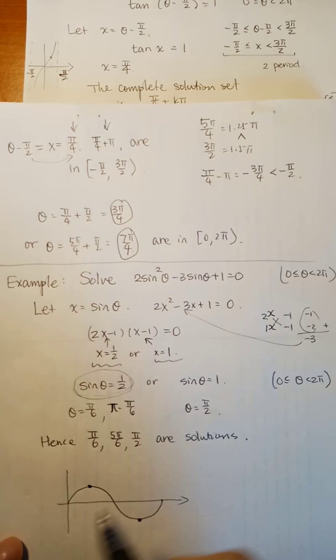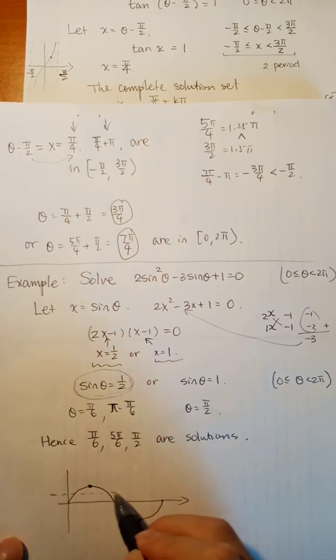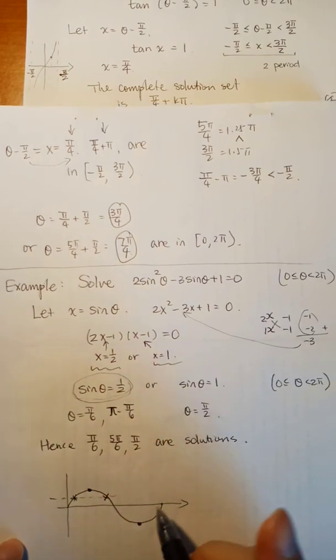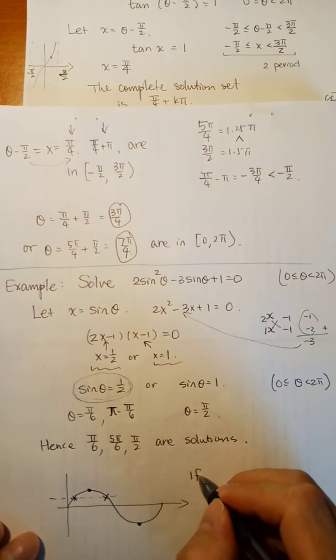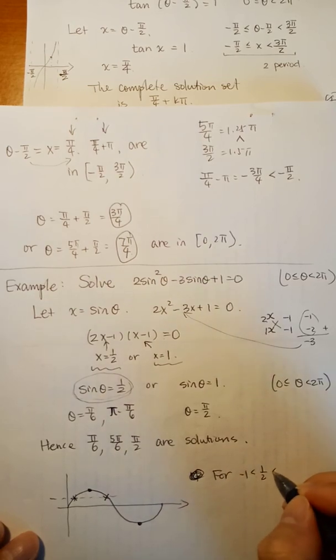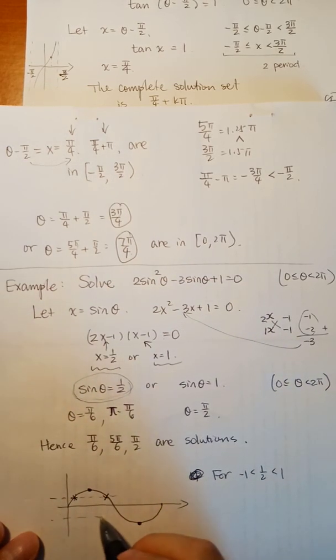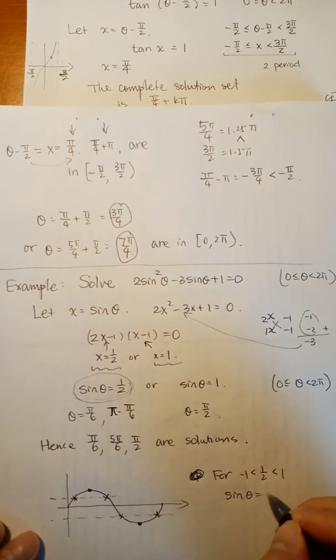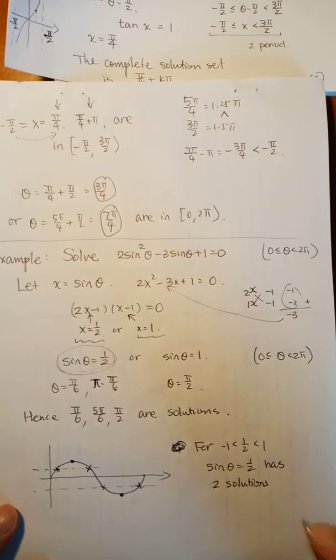If you have such an equation, you will have two solutions in one period. It can be here, it can also be here. It doesn't matter, it's positive and negative. So for 1/2 or -1/2, sine theta equal to 1/2 has two solutions in one period.